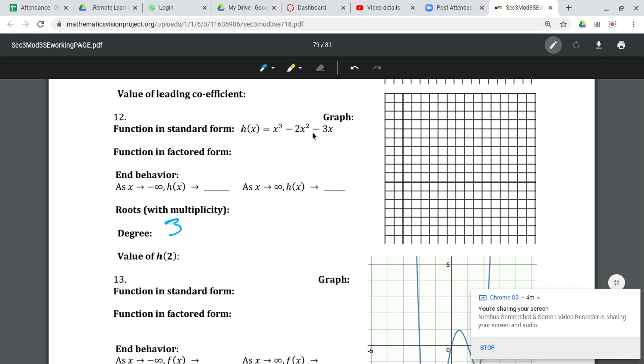So we have 8 minus 8, so that just goes away. And then 2 times 3 is 6, so we have 8 minus 8, which is 0, minus 6, so we end up with negative 6 there. Once you factor this, you'll be able to find your roots. I will tell you there are 3 of them.